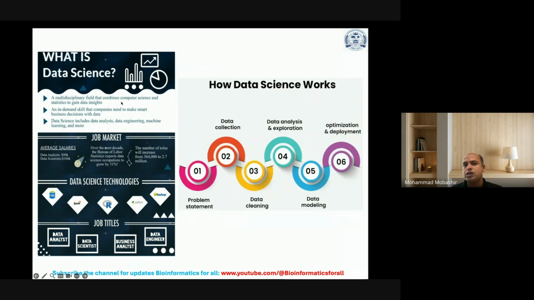Now, key tools. You are free to use any software or any coding language: MATLAB, R, Perl, Python. Now, libraries: Pandas, NumPy, Scikit-learn, TensorFlow. Database: SQL or MySQL. Visualization: Matplotlib, Seaborn, Tableau.